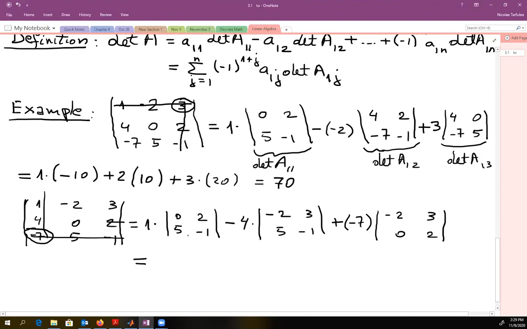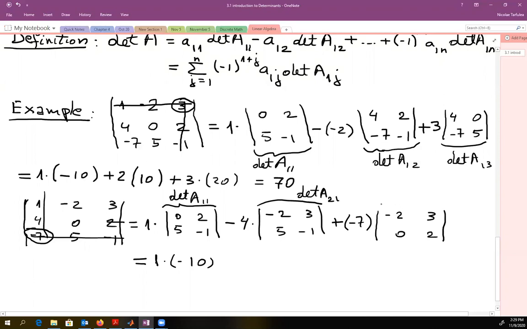So this equals, all right, so this is 1 times negative 10, that's the first determinant. So here, what I have here is just the determinant of A11. Again, this one is the determinant of A21.